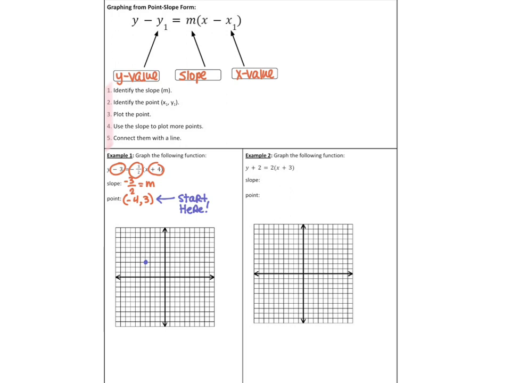My slope was negative 3 halves, which means I'm going to go down and to the right. I'm going to use orange to show that. I'm going to go down 3, 1, 2, 3, and to the right 2, 1, 2. And that is where my point should be. Now, you definitely don't have to have those orange dots on there, or whatever color you want. That was just to illustrate that I'm doing that rise over run.